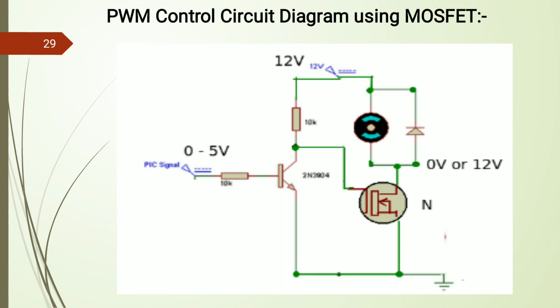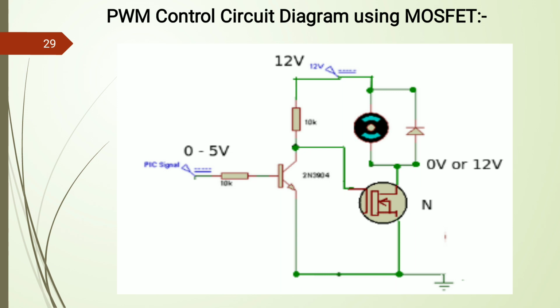After activation of this normal transistor, the signal is applied to the power transistor, that is the MOSFET, and based on the working condition of the MOSFET, the signal connectivity is applied to the motor. So based on the on and off condition of the MOSFET, the motor turns on and off.